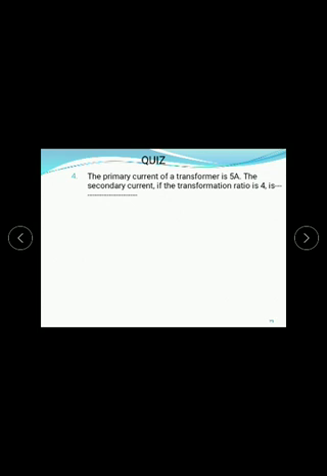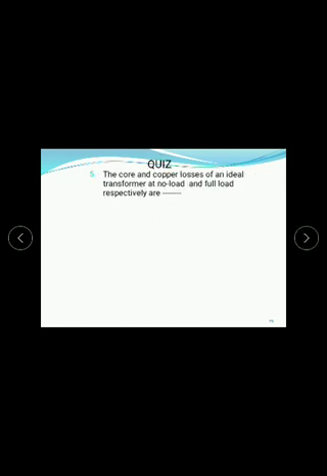The primary current of a transformer is, now do this problem at work. The core and copper losses of an ideal transformer at no load and full load respectively are: the core losses are not varying, only copper losses vary with the load. So the core loss is constant.